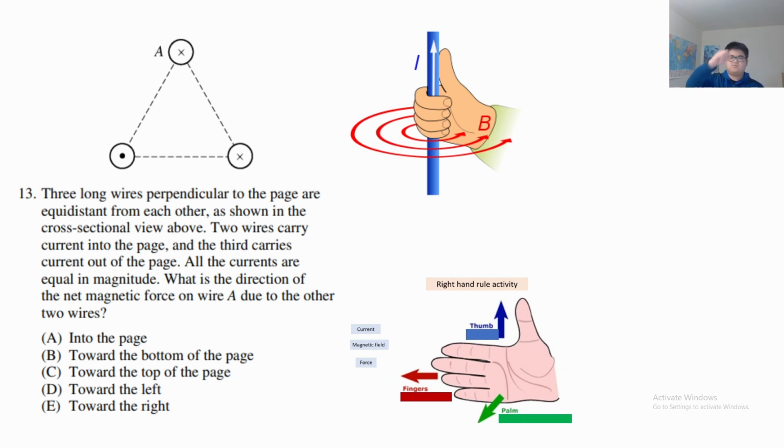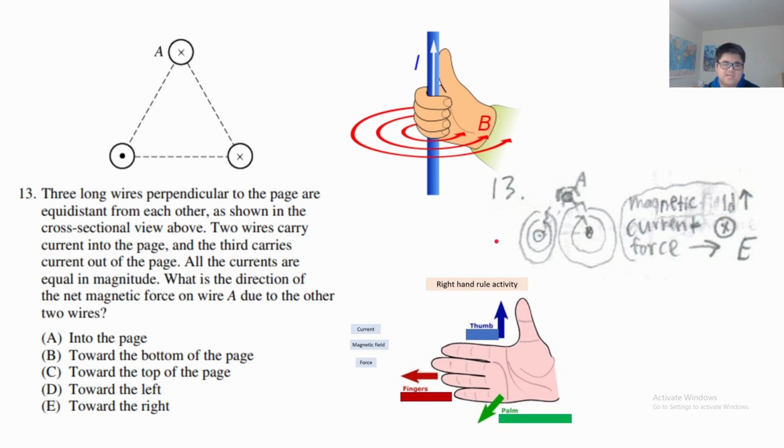So if you take your right hand and point your thumb in the direction of the current, and point your fingers in the direction of the magnetic field, then your palm would point in what direction? Well, the answer is E, towards the right. So I hope this explains it pretty well.